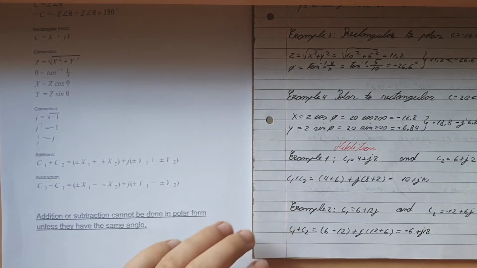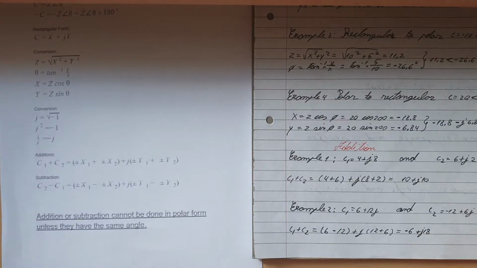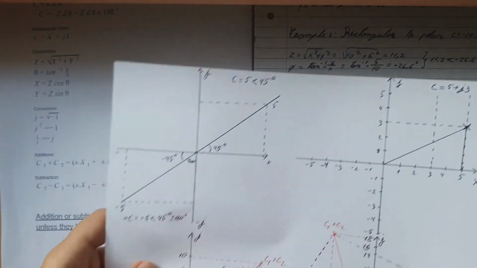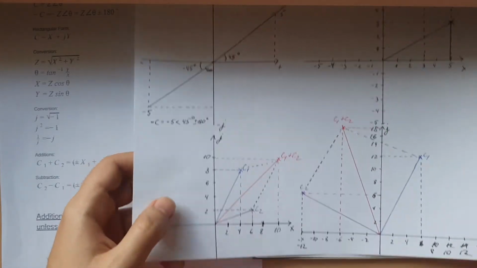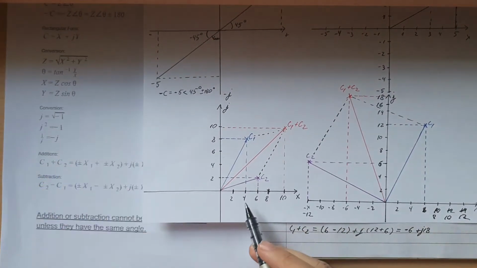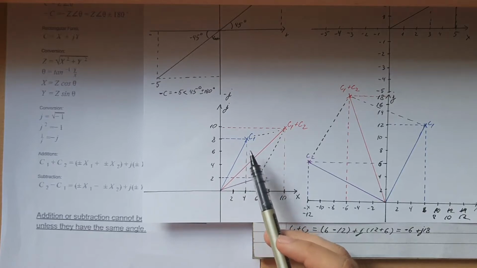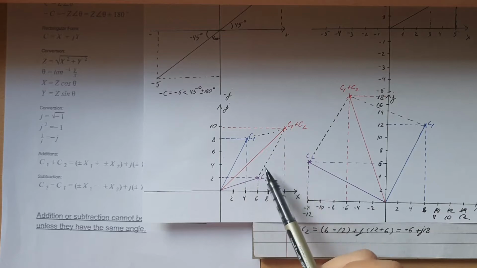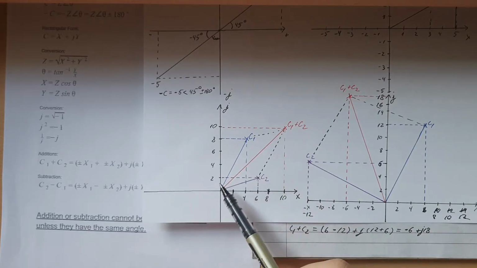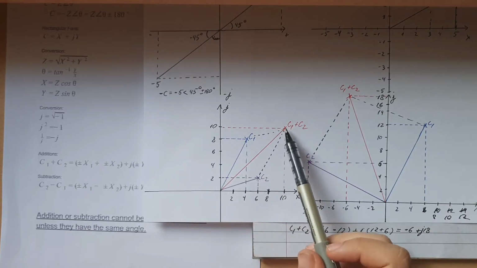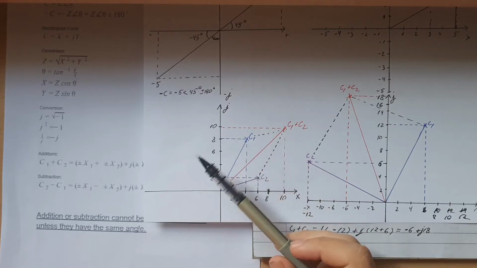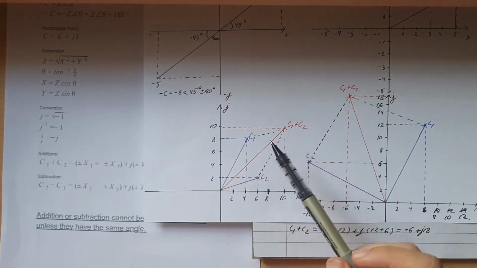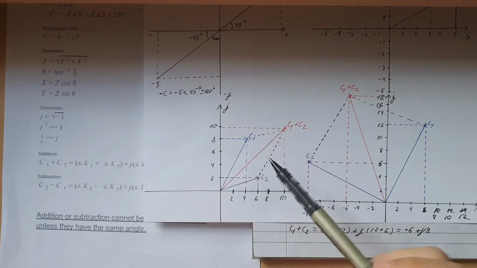There you go. So if you wonder how this looks in a graph, because complex numbers can also be solved in a graphical method, this is how they look on a graph. This is for the first one, where c1 was 4 plus 8j, and c2 was 6 plus 2j. You combine them together to give you c1 plus c2, which is 10 plus 10j, the perfect square.